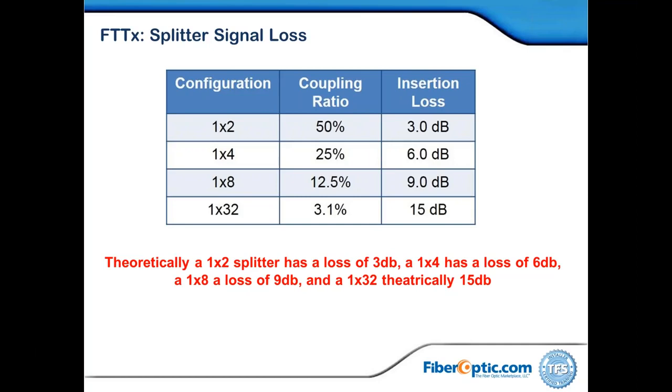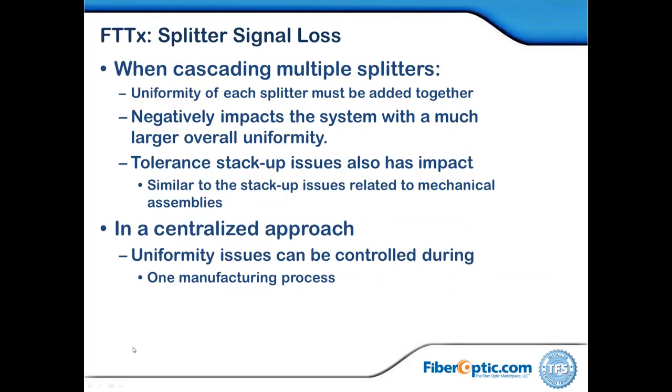A 1:4 would be 25%. A 1:8 splitter would be 12%, roughly 9 dB loss through the splitter, and a 1:32 would be 3.1%, or about 15 dB loss through the splitter. So you can see splitting does take a considerable amount of loss. And that has to be added into the calculation of budget losses and power consumption.